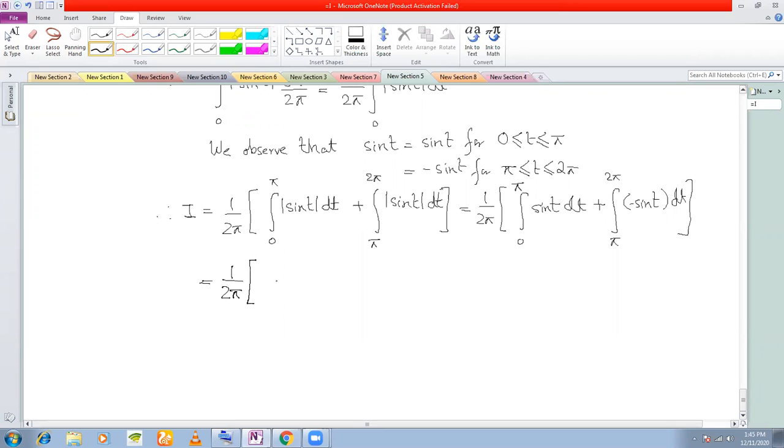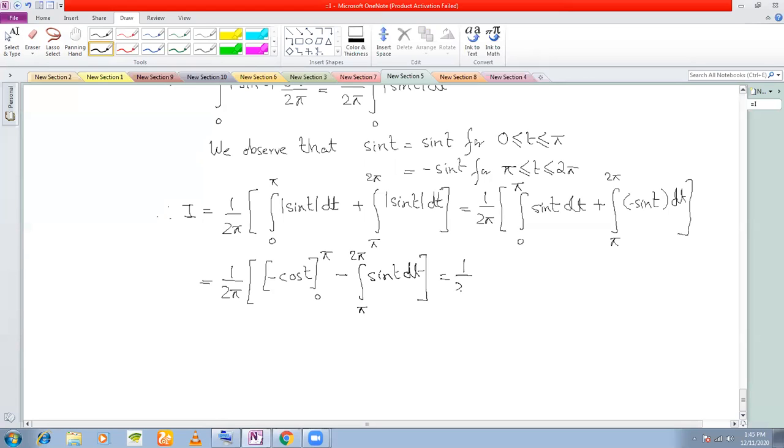So 1 by 2 pi, the integral of sine t is minus cos t, taken between the limits 0 to pi, plus, you can write this as minus the integral from pi to 2 pi of sine t dt.